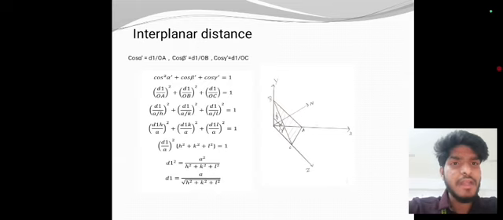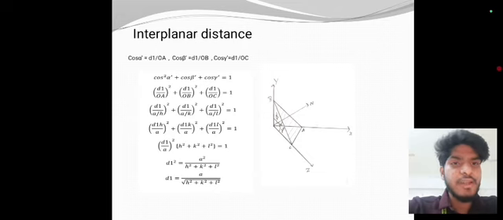Now substitute the above values: d1 by OA whole square plus d1 by OB whole square plus d1 by OC whole square equal to 1. We know OA equal to a by h, OB equal to a by k, OC equal to a by l. Substituting, we get d1 by (a by h) whole square plus d1 by (a by k) whole square plus d1 by (a by l) whole square equal to 1.